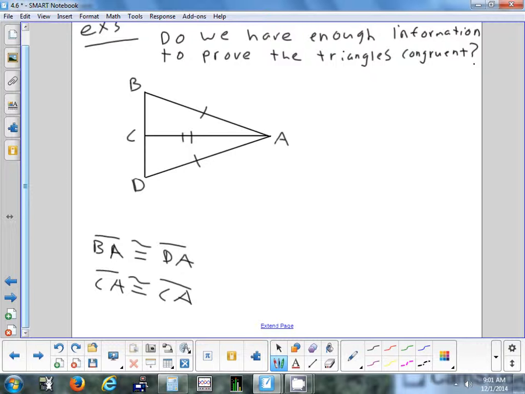Okay, let's take a look at that. So if you look at the big triangle ABD, I think what you said is true. That angle is congruent to that angle. But now we've got two sides and an angle. Is that enough?